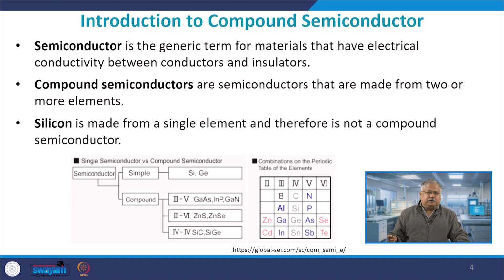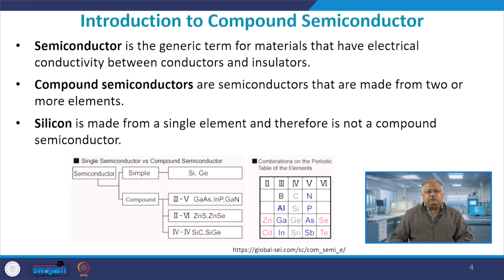There is another field which is very important and has very niche application areas, and this is known as compound semiconductor. Typically, all your power devices where you require very high power, unlike silicon, which does not allow you to go for those high power devices where you require a breakdown voltage of the order of a few kilovolts, or currents of the order of a few amperes. Silicon won't be able to handle that, and that is where the compound semiconductor comes into the picture.